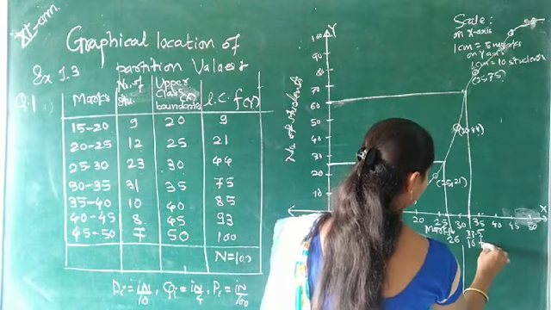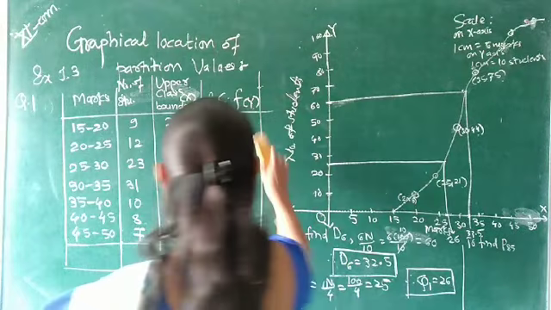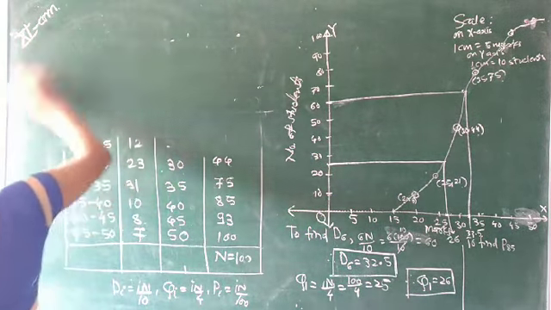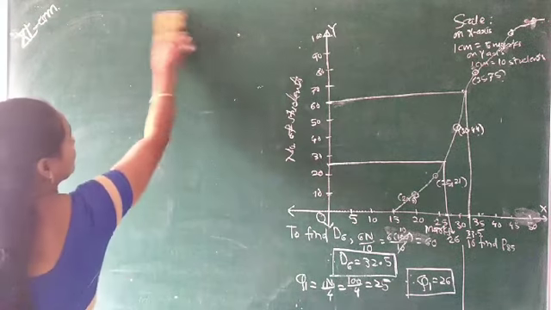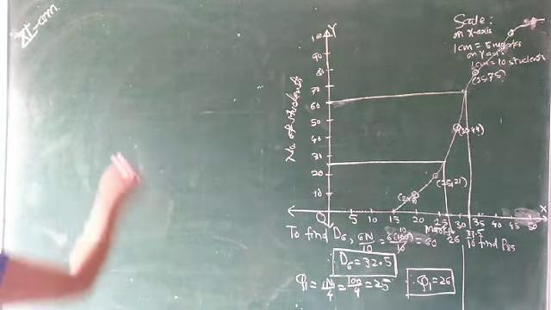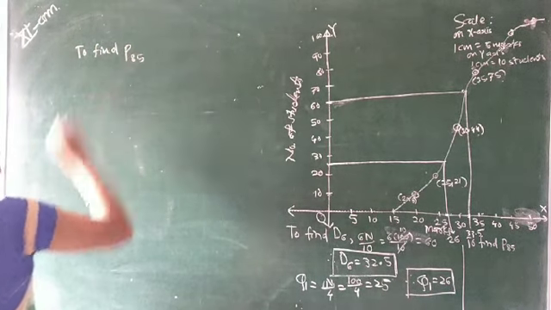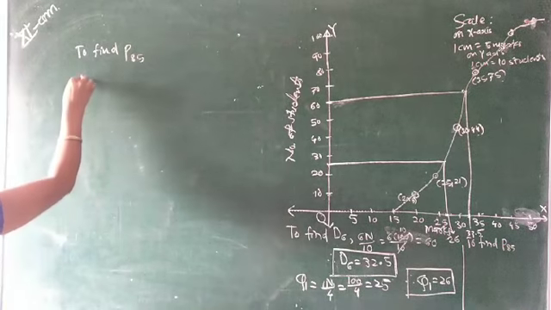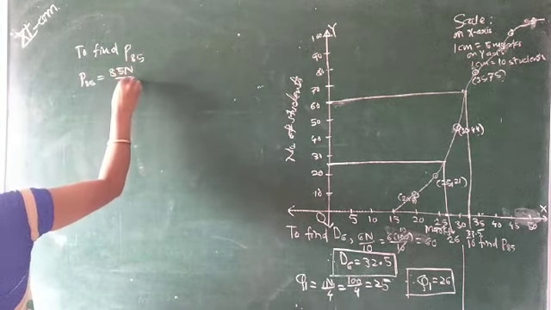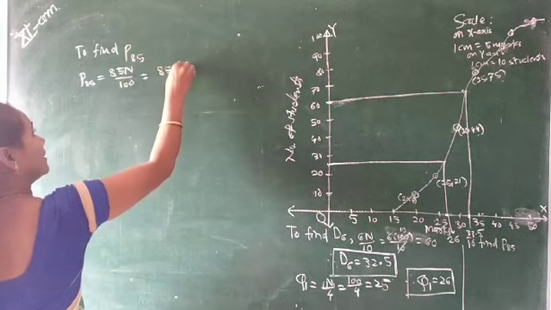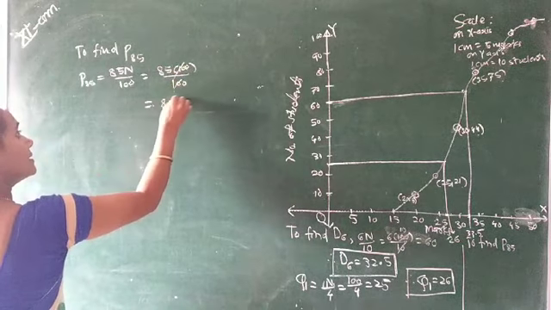To find P85, first we have to find P85 is equal to 85n divided by 100. So 85 times 100 divided by 100, the 100 will get cancelled, that is 85.